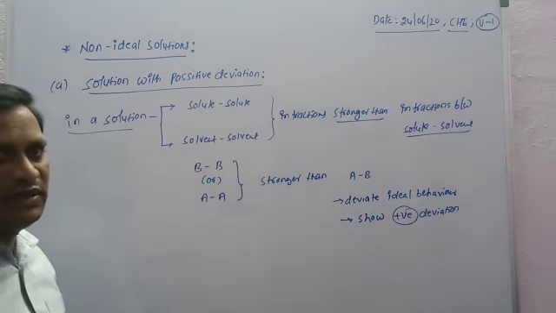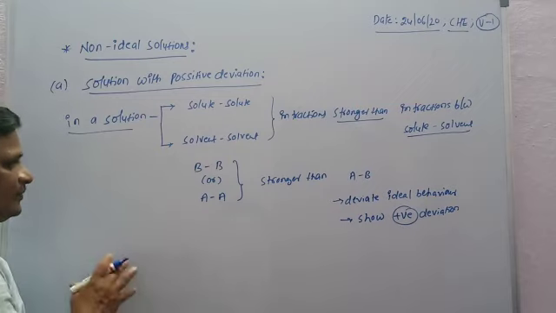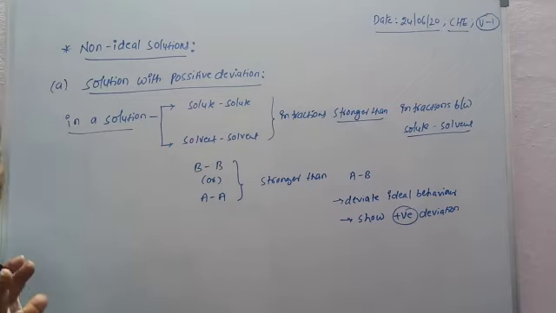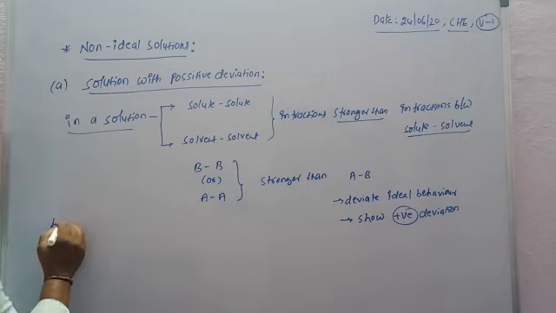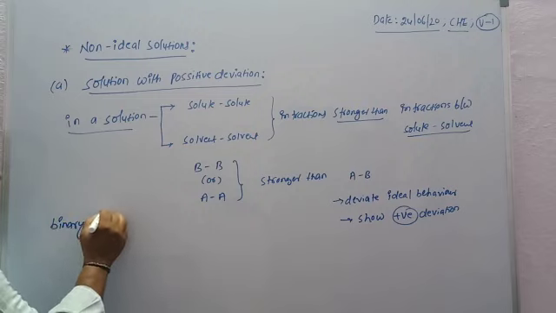Okay, positive deviation. Now for example, let us consider A is the solvent and B is the solute in a solution. Let us consider a binary solution.